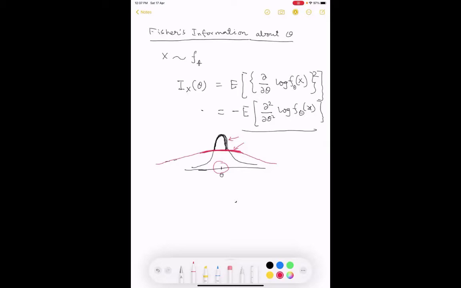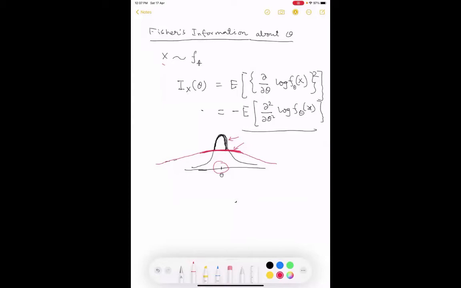I have just one sample. If you think of just one sample from an unknown distribution, how do you capture and represent the information? Even one sample will contain some information. That is the way it is being defined.